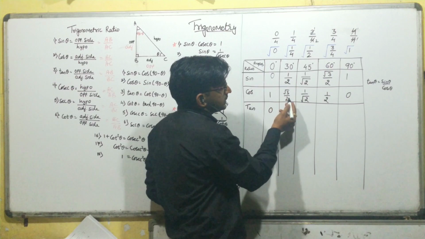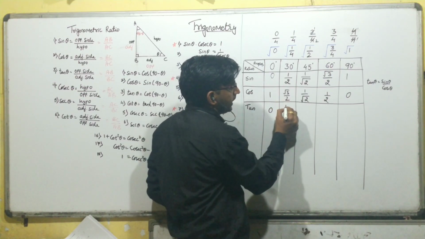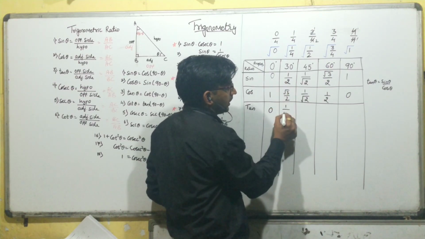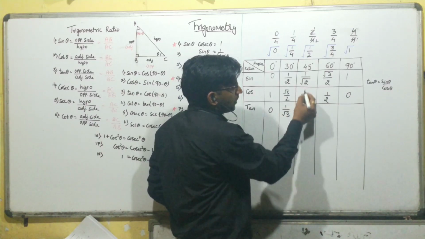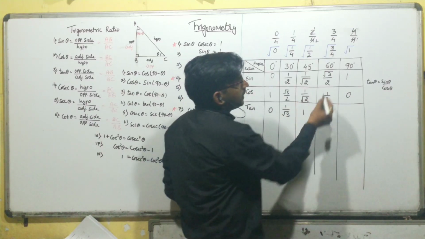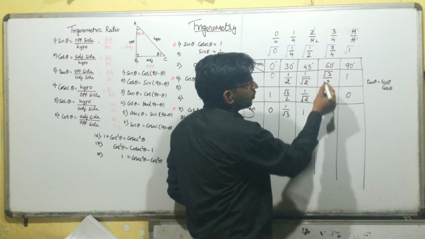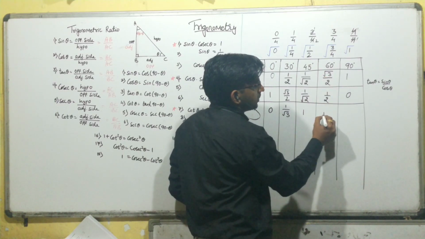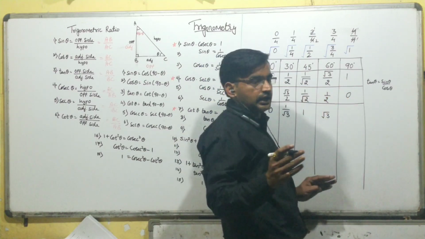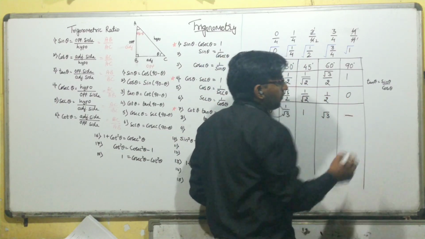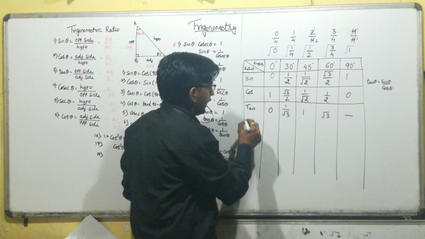So just divide the numerator upon numerator, that is 1 upon root 3. Here root 2 cancels, 1 upon 1, that is 1. Here 2 cancels, root 3 upon 1, that is root 3. 1 upon 0 is undefined. We don't have its value, so we put a dash.